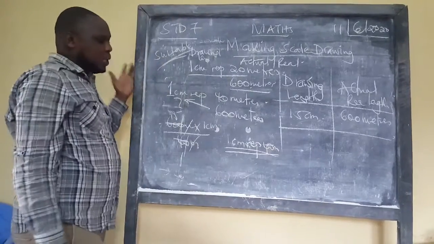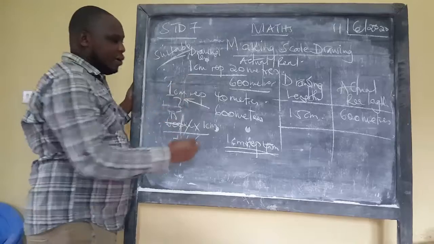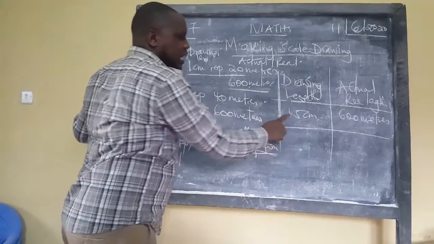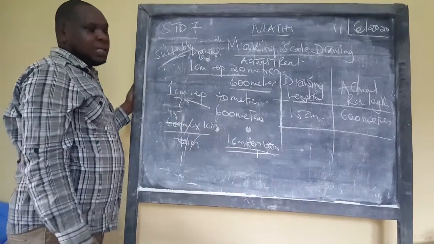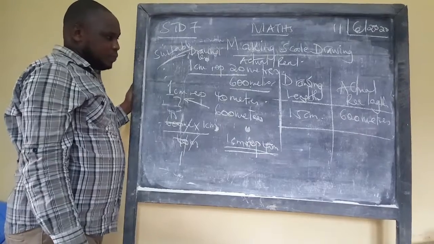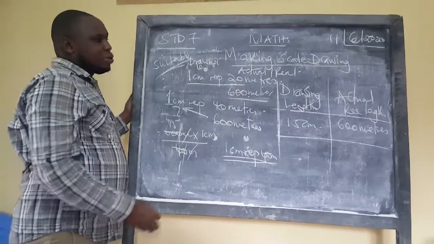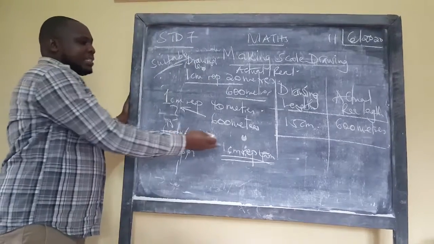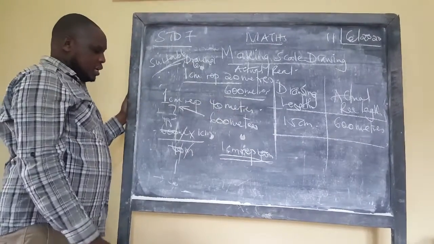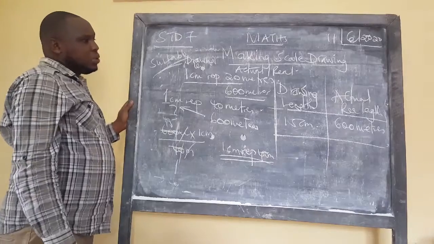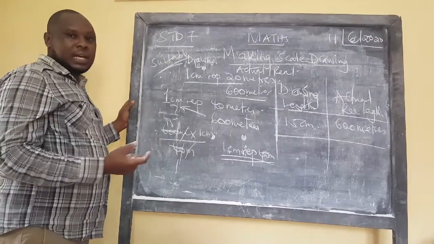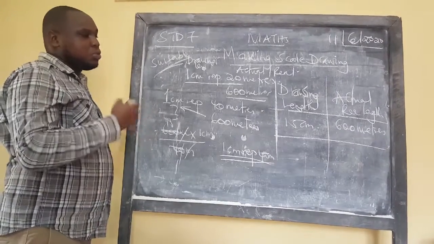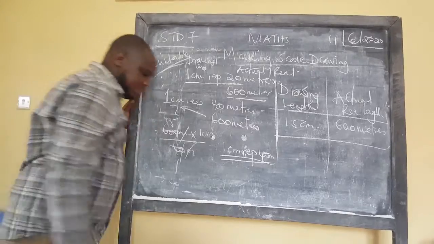If I choose 1 centimeter represents 40 meters, then I will only draw 15 centimeters, and that will be equivalent to 600 meters. You can change these centimeters into the actual length by multiplying by the scale, and you get 600 meters. That's what we intend to do in this lesson: coming up with a scale that is suitable and can be used to draw some length.